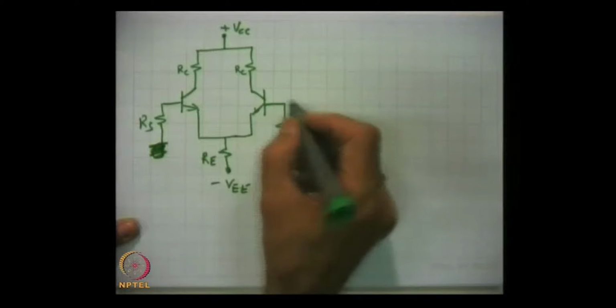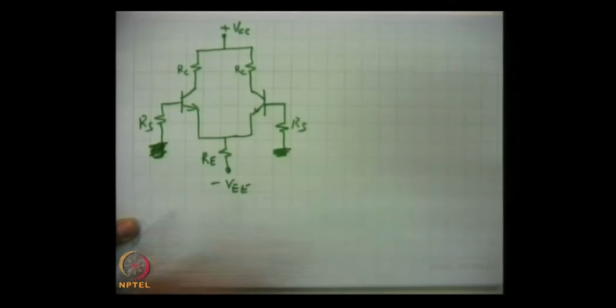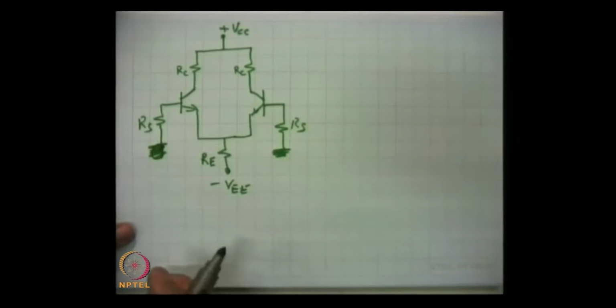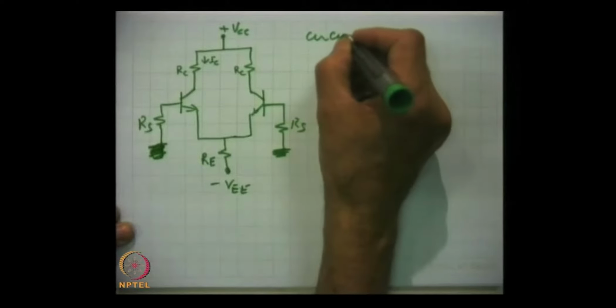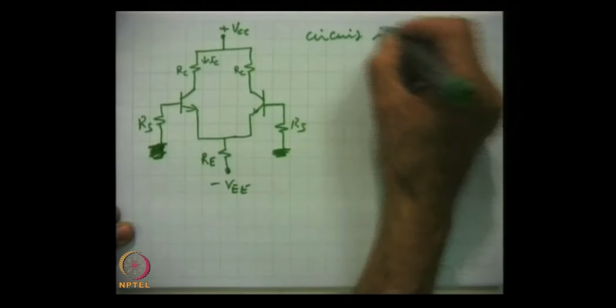When we ground them, we leave the Rs in the circuit, which we may drop at some stage because they are normally very small resistances. And here IC, and since we are saying circuit, this is very important, the circuit is symmetric.